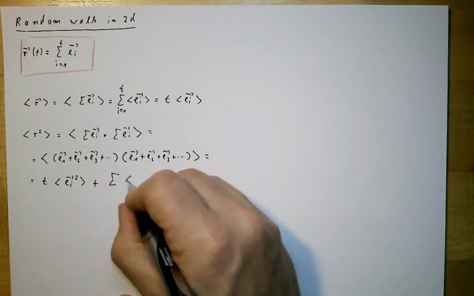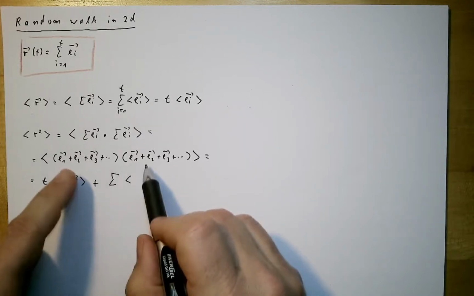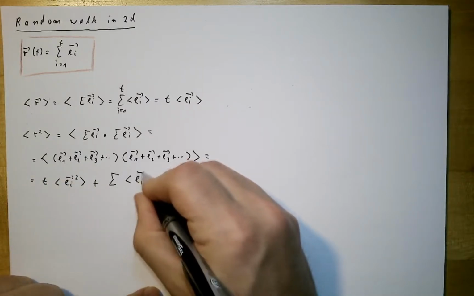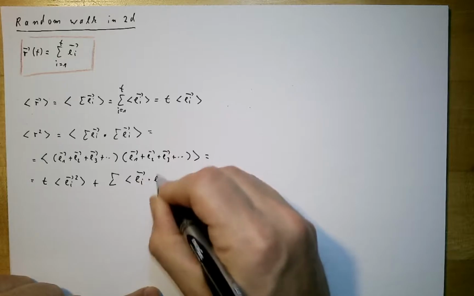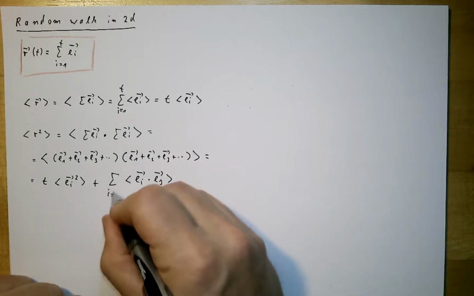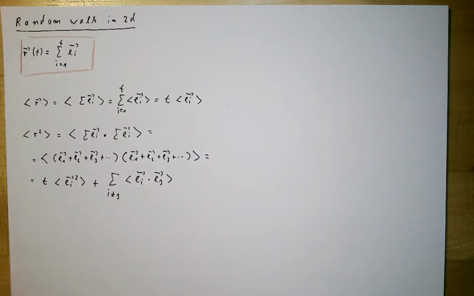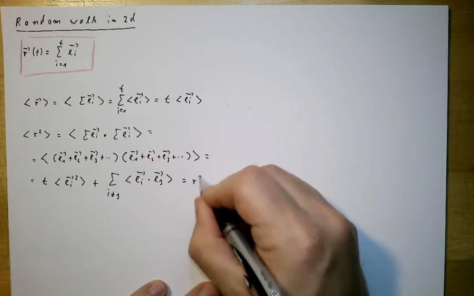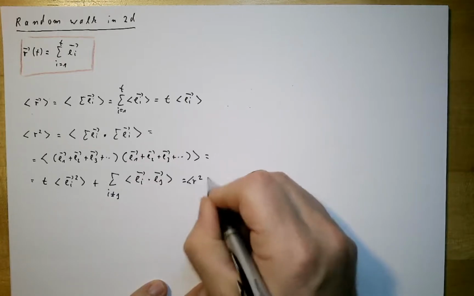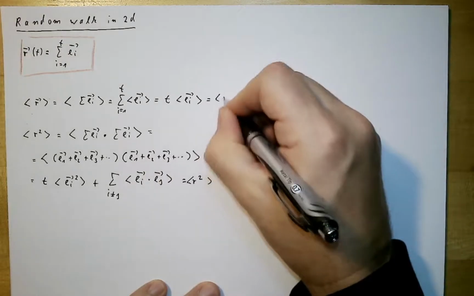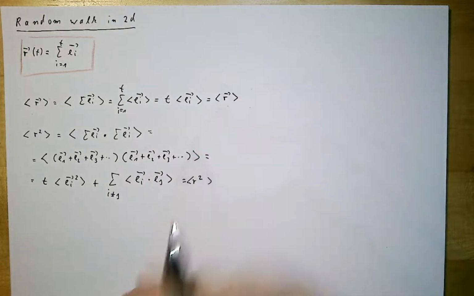And then we have only the terms e_i times e_j, where i is not equal to j. And so this is the expectation of r squared, and this is the expectation of r.